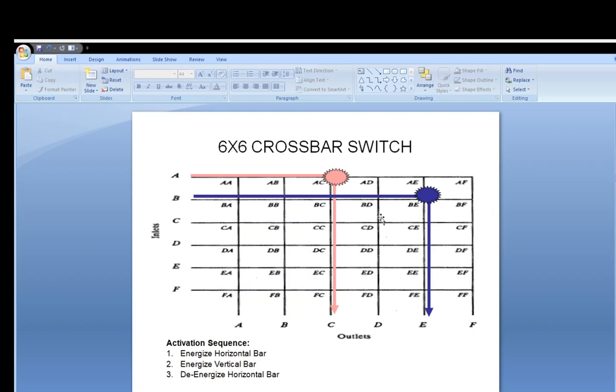So this is again a false call. False call BC was eliminated by making a rule that the horizontal bar should be energized first and then the vertical bar. But the case of AE is possible, although we energize horizontal bar A first and then E second.